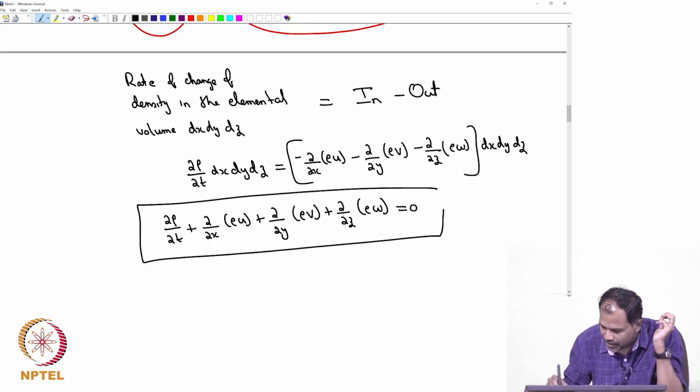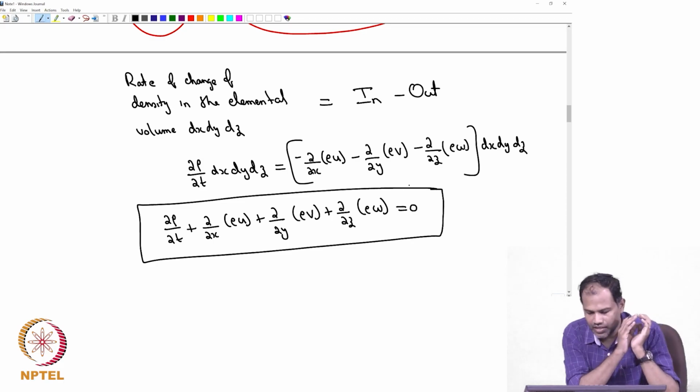That equation represents the fact that mass is conserved.